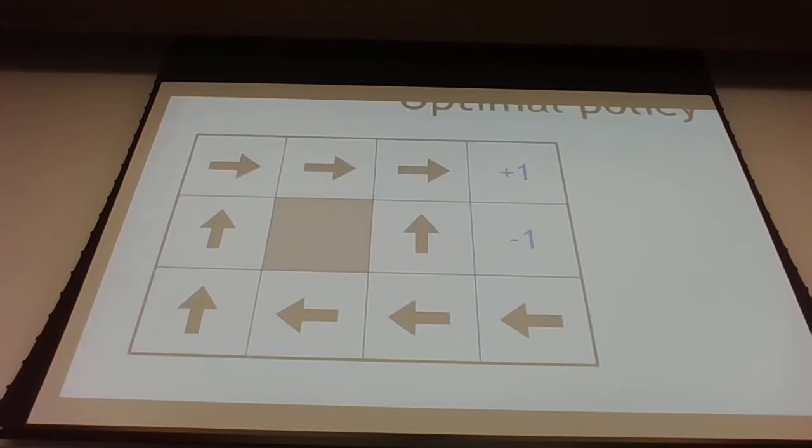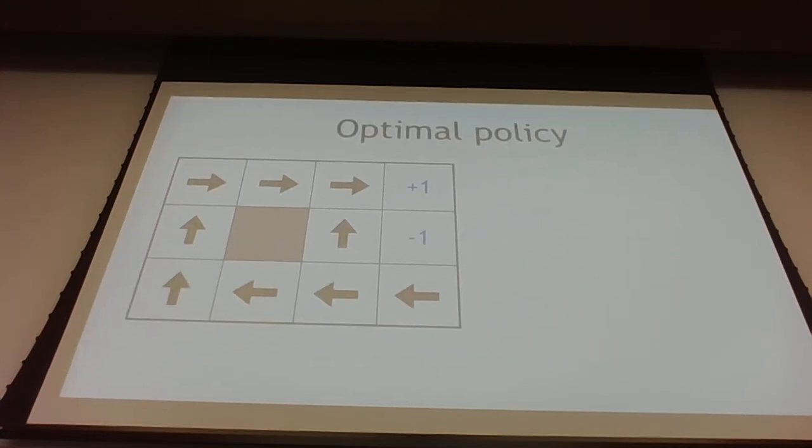Professor, if we start from 3, 1. Where is 3, 1? Like x-axis is 3 and y-axis is 1, the fourth row. I think the optimal policy should be like we go up and right.